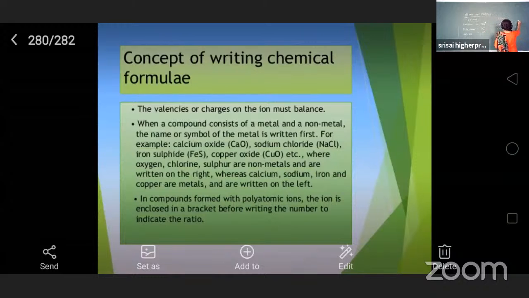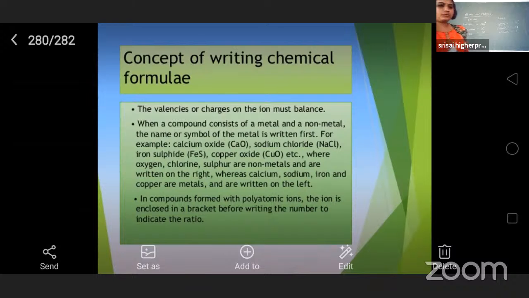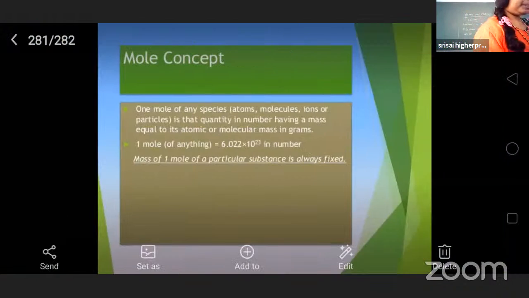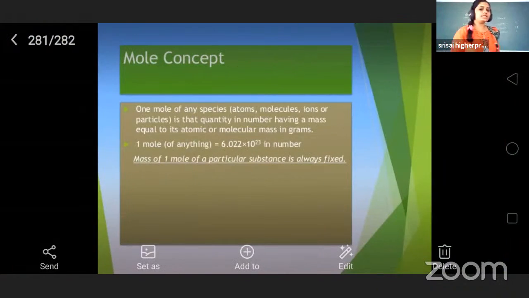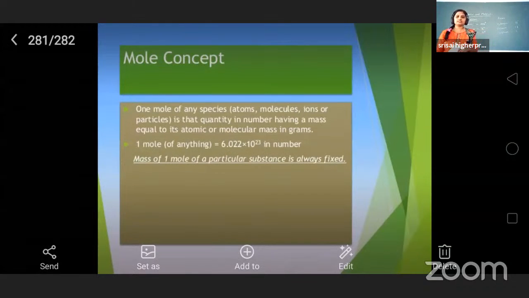We indicate the minus sign. Anions mean negative charge and cations mean positively charged ions. These are examples of ions. Then for writing the formula we need to know valence. We'll discuss valence tomorrow.